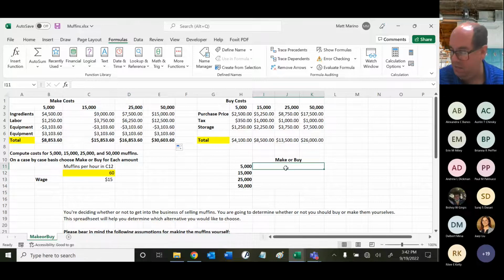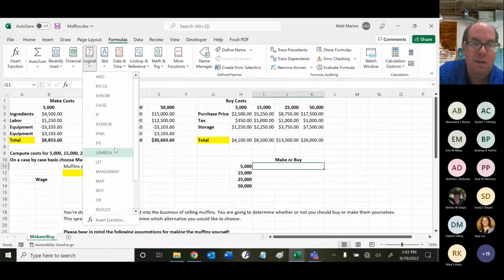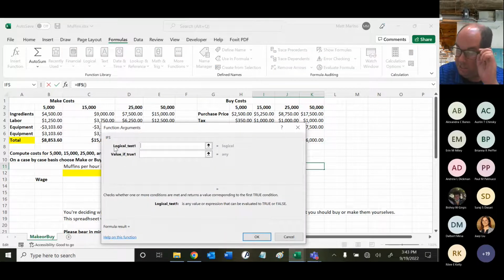Okay, everybody's with me so far? Now we'll do the last part of the muffins practice. We basically just have to find out, should we make the muffins ourselves or buy them based on the cost? So again, we want to use an ifs function. So we're testing for two different things. So here we want to see, is B7 greater than H7?